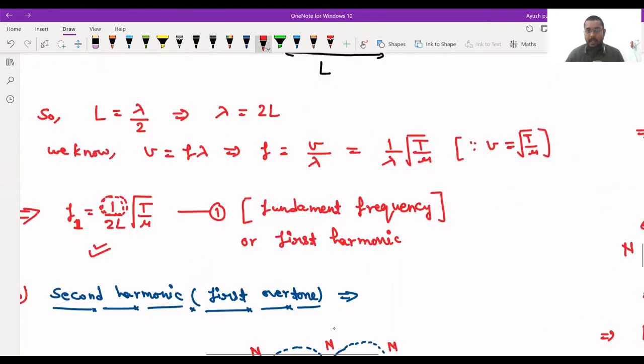And I am calling this the first harmonic because the number 1 is present. Now we also call the first harmonic the fundamental frequency. Why? Because this is the minimum possible frequency by which the standing wave is getting formed. That's why we call it the fundamental frequency.